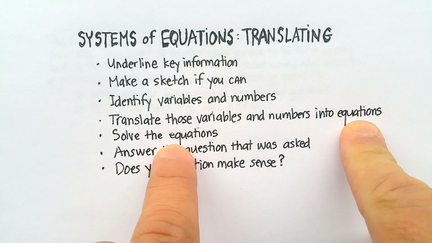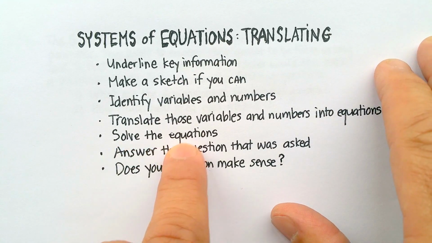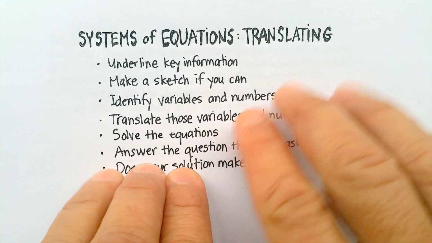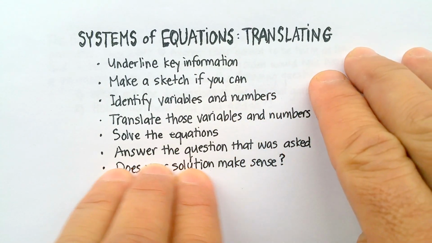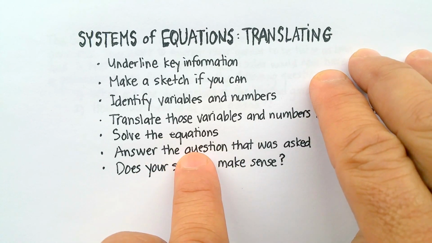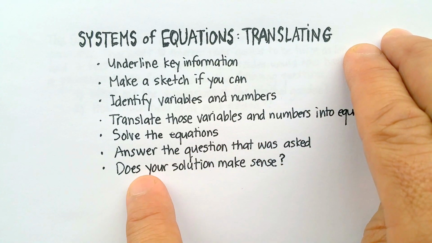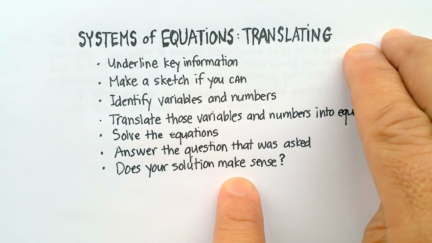Then I start solving those. I just use all the things I know about math in terms of solving, and I solve those equations. Then I go back to the situation itself, and I see, do the solutions that I've come up with answer the question being asked, and do those solutions make sense?